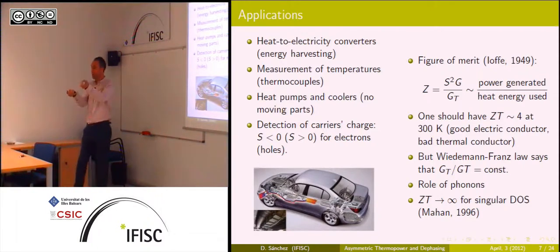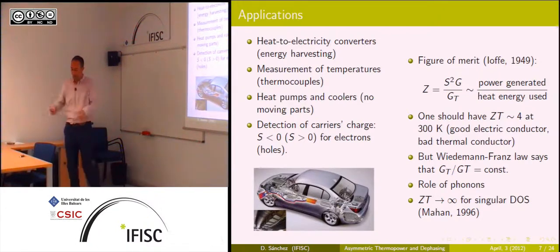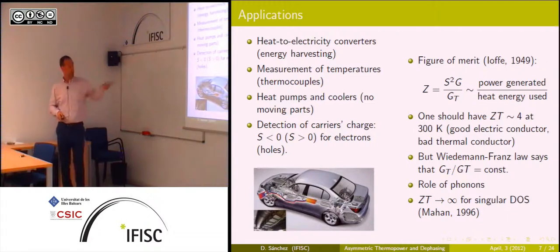So just by measuring the thermopower, you can tell whether you have electrons or holes. Usually experimentalists do this by putting the sample in the middle of a magnetic field and measuring the Hall conductance, but sometimes you cannot do that. And this is a different level.